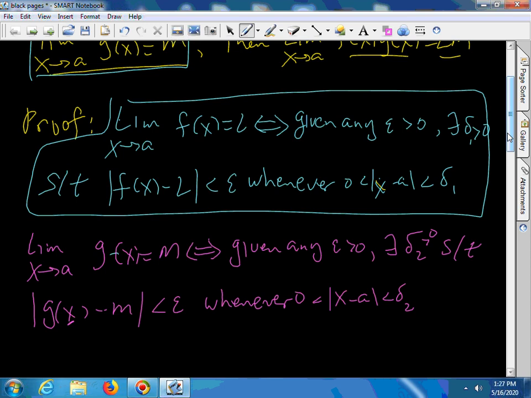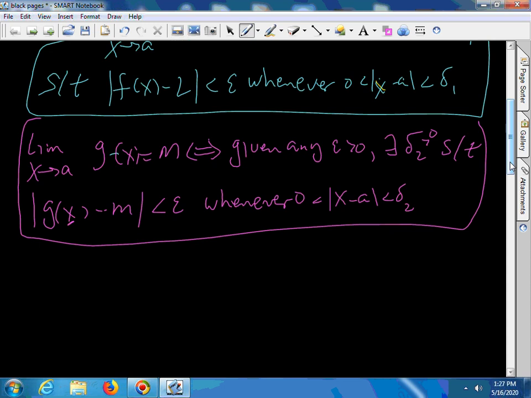That just means x cannot equal a. So we have this, but I want it true for just one delta.